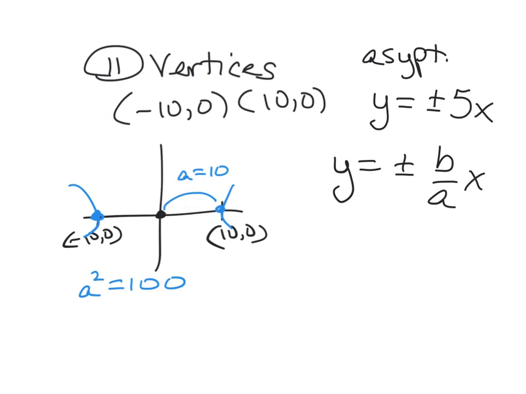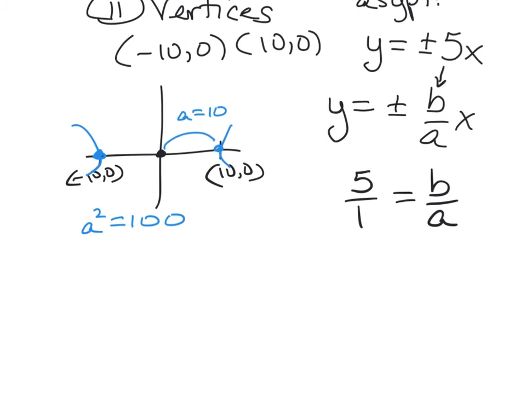If I take that 5 and make it a fraction, 5 over 1, set it equal to b over a, and cross multiply, b times 1 equals 5 times a, so b equals 5a.